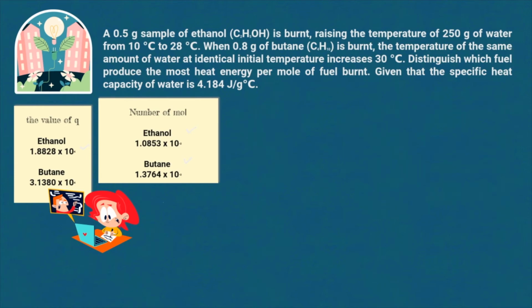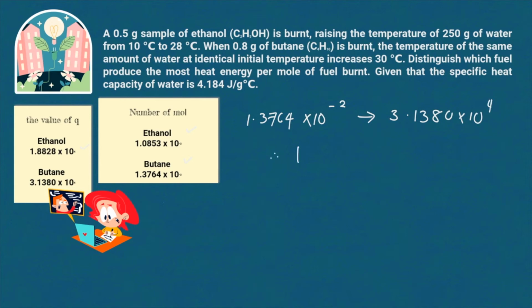Up next we are going to calculate for butane. For each and every 1.3764 times 10 to the power of negative 2 mole of butane, it shall produce Q equivalent to 3.1380 times 10 to the power of 4.